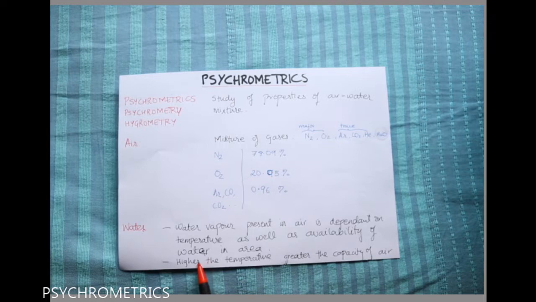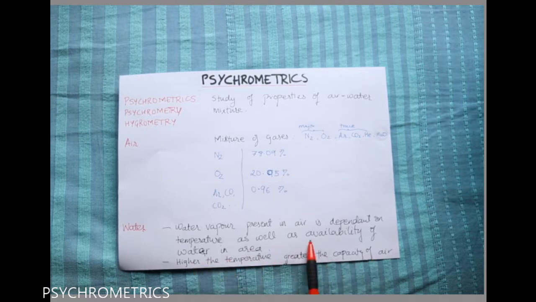So if you have to dry your clothes, one of the easiest things you can do is to keep them in the sun, where they are going to get heated up, and the water vapor is going to be absorbed readily into the atmosphere. But if you keep them in a cold area, it is not going to be absorbed as easily. So the higher the temperature, the greater the capacity of the air.